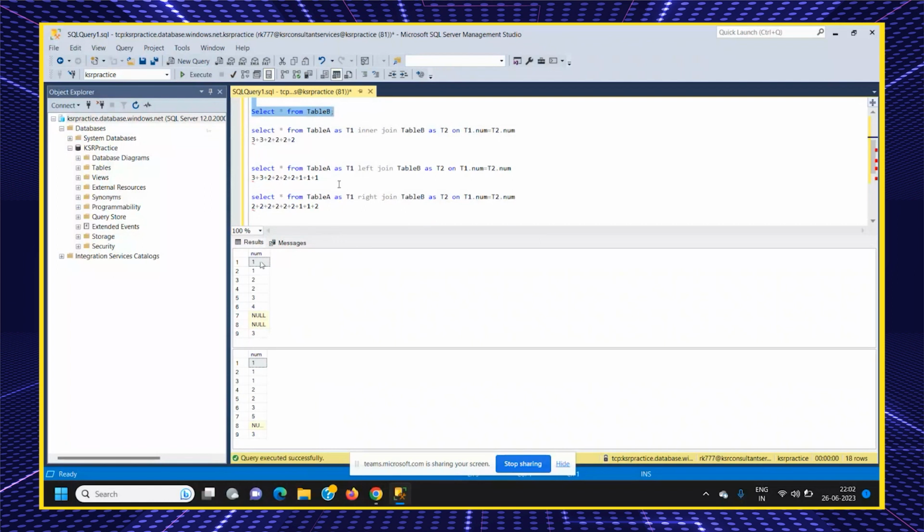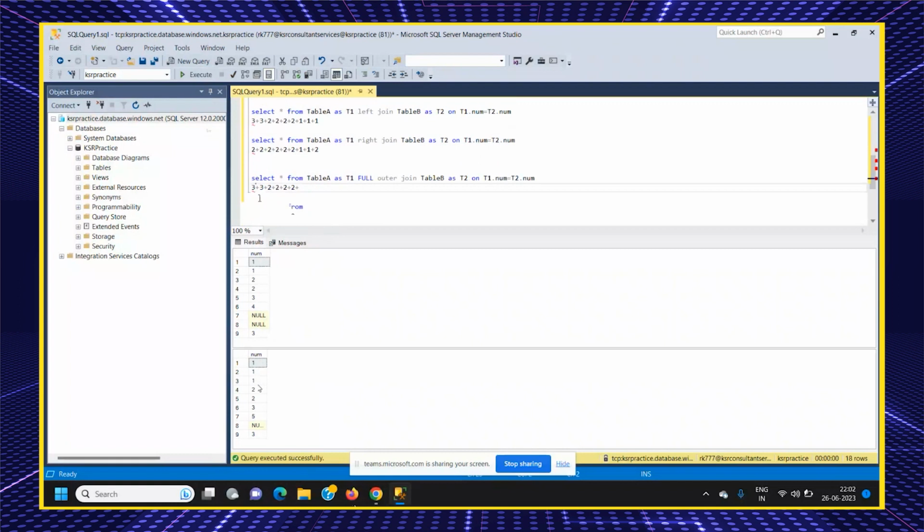For every one, 3 ones are available, so 3. For this one, 3 ones available, 3. For this 2, we have 2 twos available, so 2. This 2, again 2 records. This 3, we have 2 threes available, so 2.